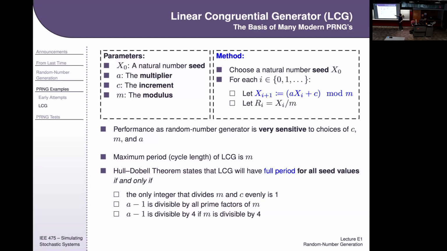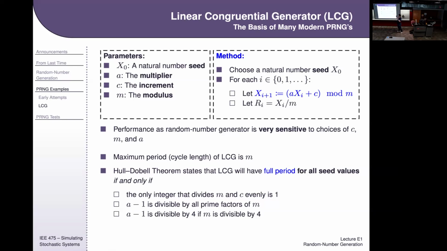But what's really cool here is that you can prove that if these properties hold, so if the only integer that divides the modulus and the increment evenly is 1, and the multiplier minus 1 is divisible by all prime factors of the modulus (another reason why it's nice to have a small modulus, to be able to calculate all of those), and then if that multiplier minus 1 is divisible by 4 if the modulus is divisible by 4, if all of those things hold, you can prove that your LCG will have a full period.